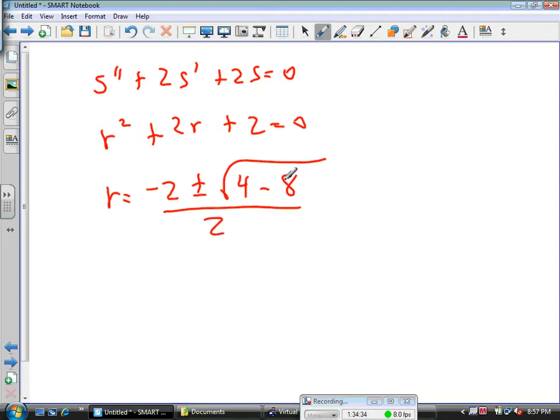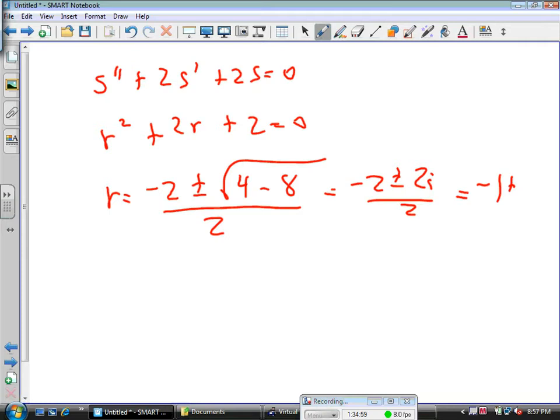Remember, a doesn't have to be 1. Okay, you can do the full quadratic formula if you have a number here. It's all right. But what's the issue? 4 minus 8? Negative 4. And the square root of negative 4 is 2i, so you get negative 2 plus or minus 2i. And by the way, the 2 is a common factor, it cancels with this 2.